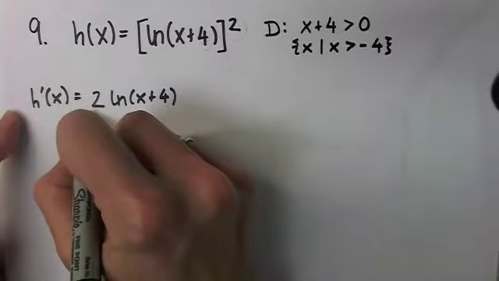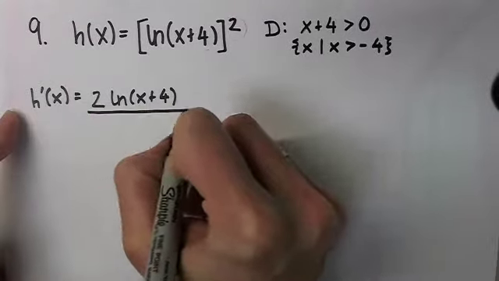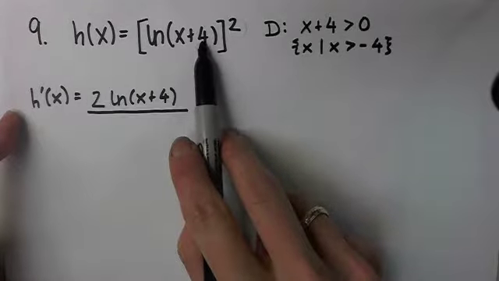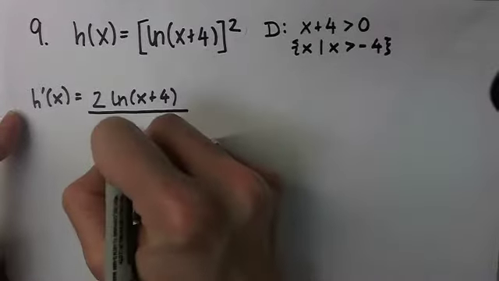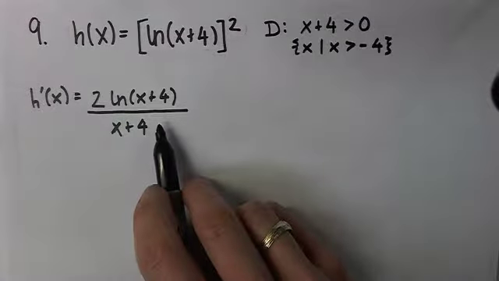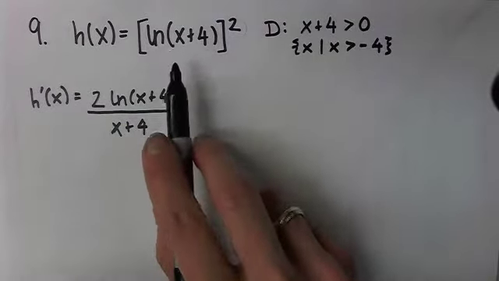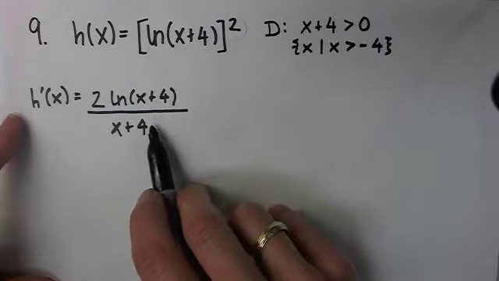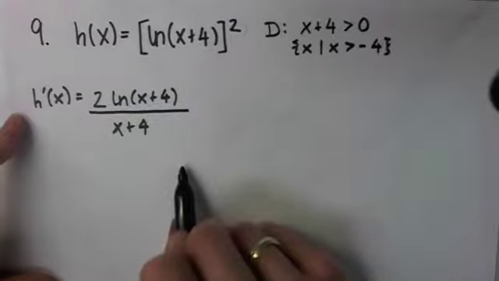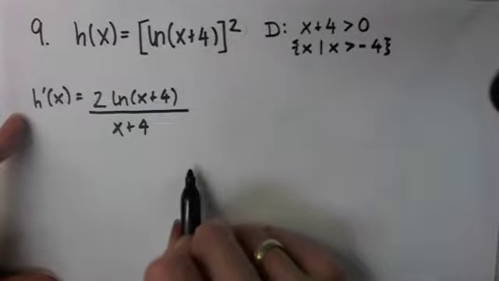Well, that's going to create a fraction. So I'm going to go ahead and put that in the numerator. And the derivative of a logarithm, the argument, x plus 4, goes in the denominator, along with the natural log of the base, but it's an ln, so that's just a 1. And then chain rule says then multiply by the derivative of the argument, but the derivative of the argument is just 1. So here's our derivative.